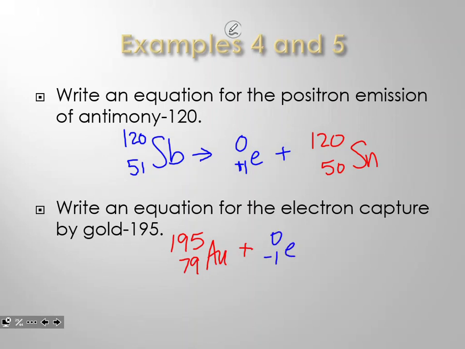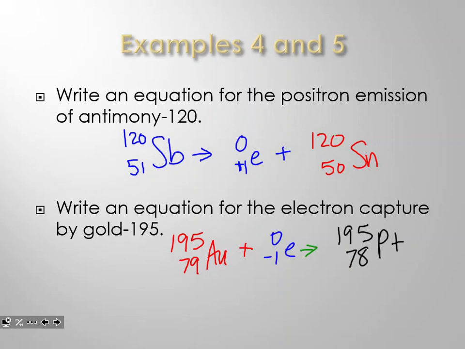So I just use the electron version of it. And then what are we going to get out of this? 195 and 78. What is 78 on the periodic table? Platinum, Pt, very good. So this would be writing an equation for electron capture.